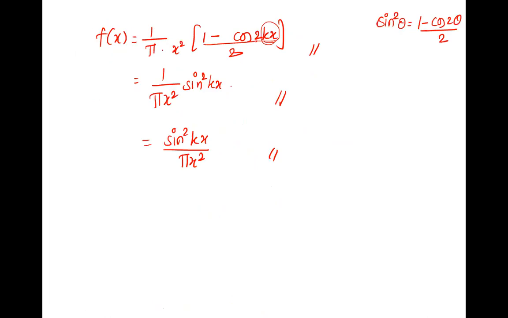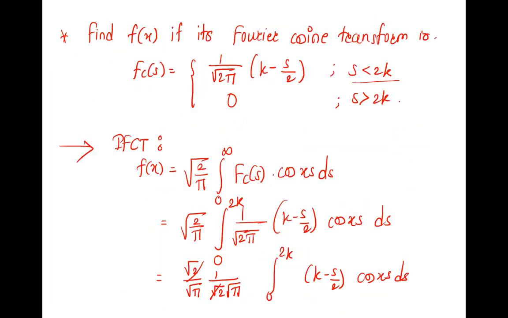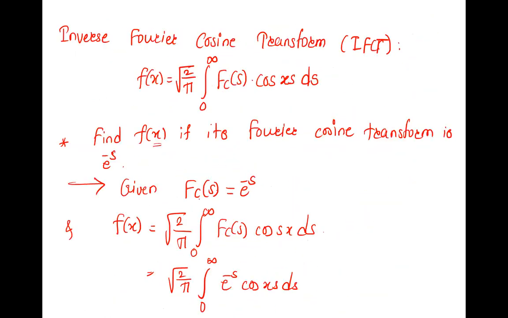Okay, so this is all about Fourier transform. But yes, a few definitions we'll need, so we'll write them lastly. Whatever we have seen, Fourier transform, sine transform, cosine transform, these all are infinite. It means they are defined from minus infinity to infinity.